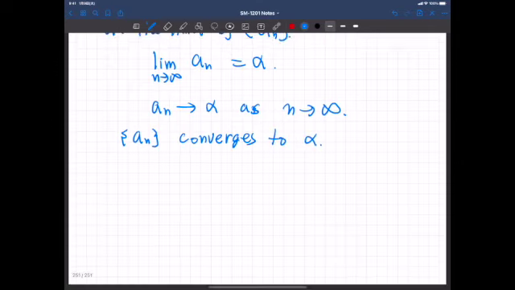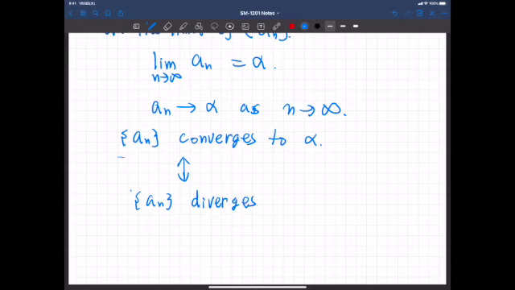And if this sequence does not converge to any value, then we say this sequence diverges. So the opposite of convergence is divergence.